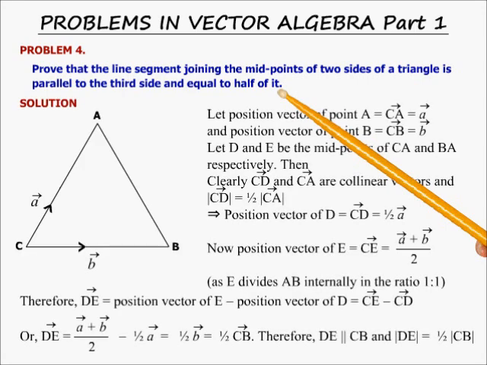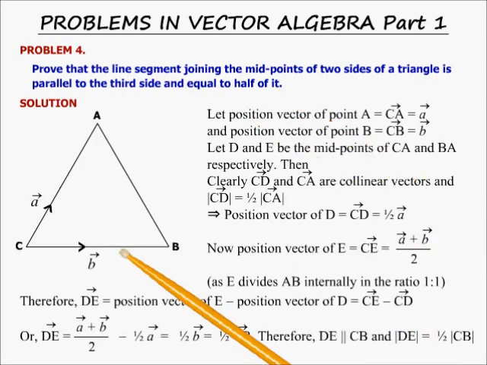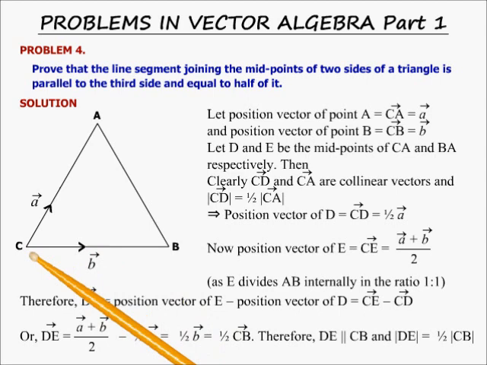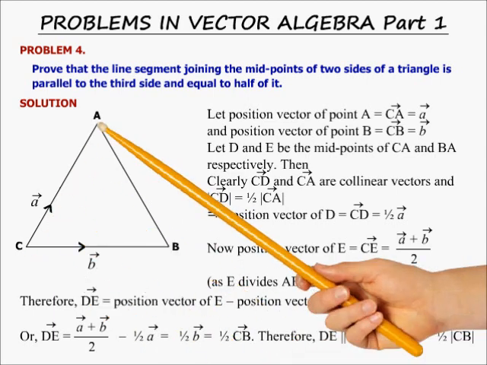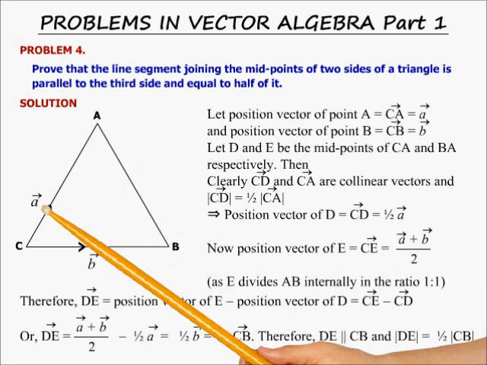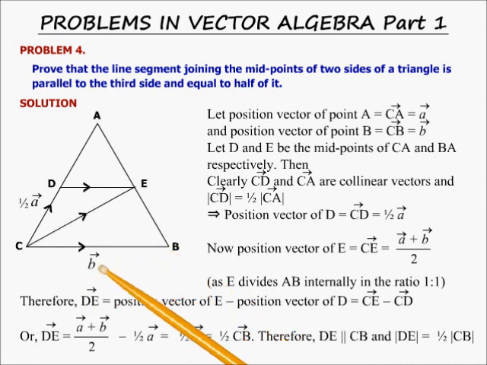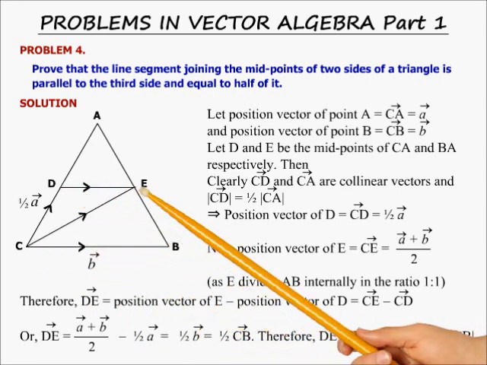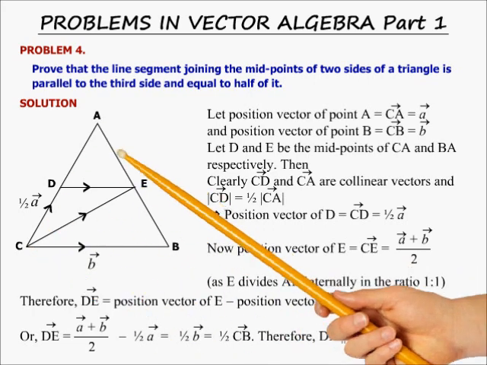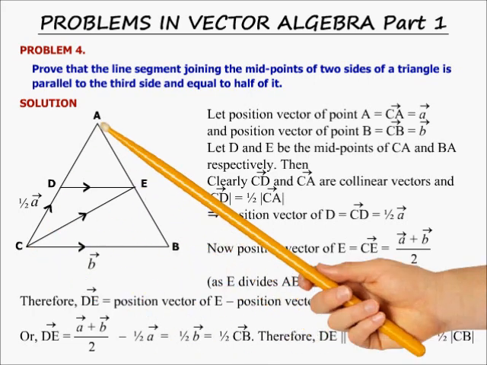How? In triangle ABC, we will take C as the fixed point, which will be the initial point of all position vectors. Therefore, position vector of point A is vector CA, which is equal to vector A. And position vector of point B is vector CB, which is equal to vector B. Let D and E be the midpoints of CA and BA respectively.